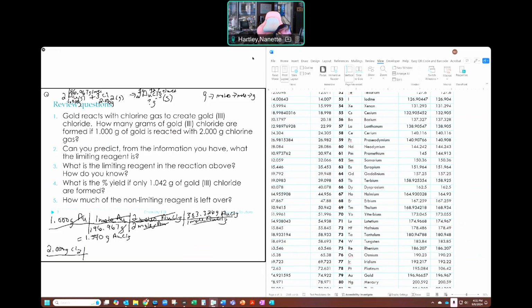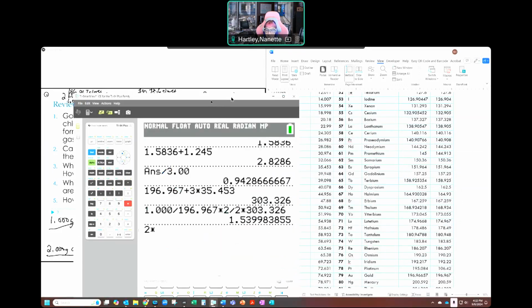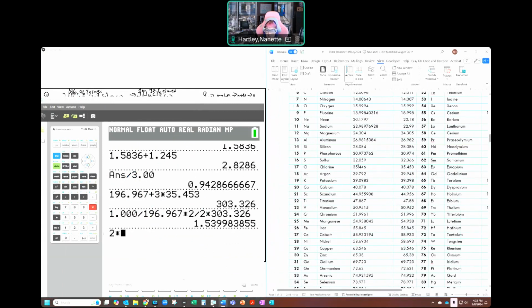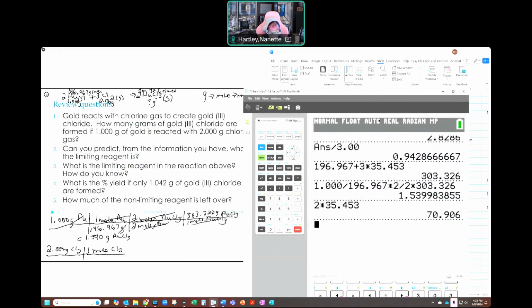I know that 1 mole of Cl2 is 2 times Cl, 35.453 again, so 70.906 grams.